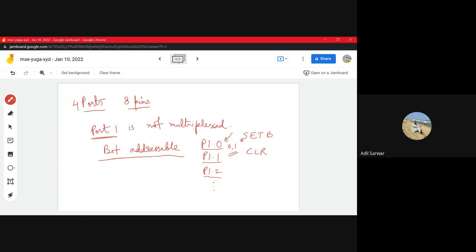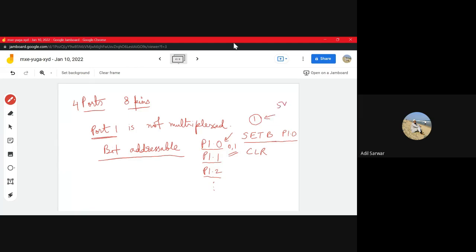SETB will make the pin 1. If I write SETB P1.0, executing this instruction will make pin 0 of port 1 equal to 1. The output of that pin will be 1 now.